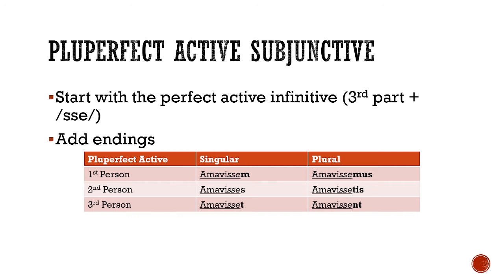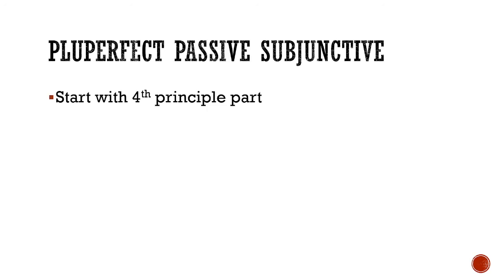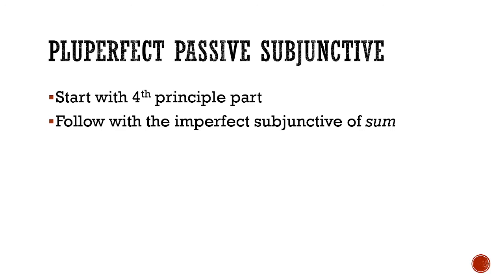And then the pluperfect passive would be, again, a two-parter. So we start with the fourth principal part. Since we use the present subjunctive of sum to do the perfect passive subjunctive verb, this time we're going to take the imperfect of sum to make the pluperfect passive subjunctive.